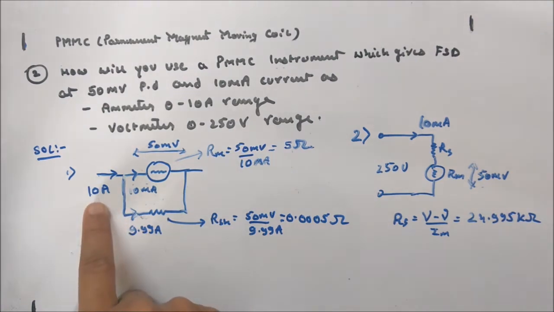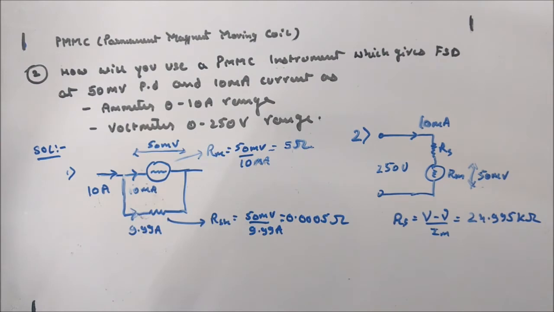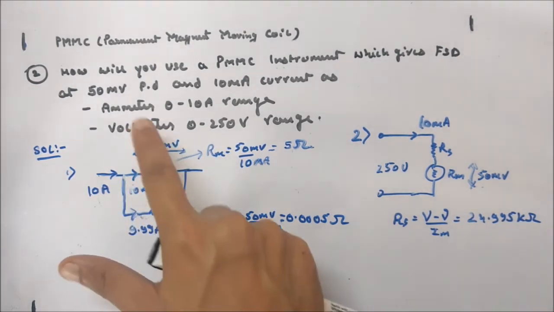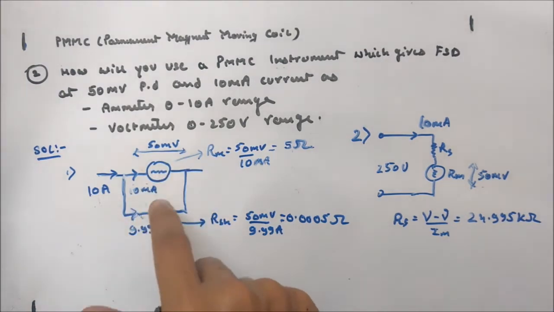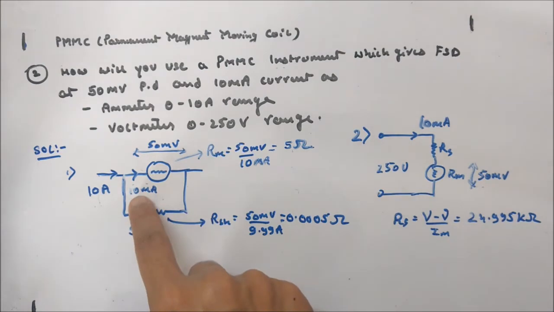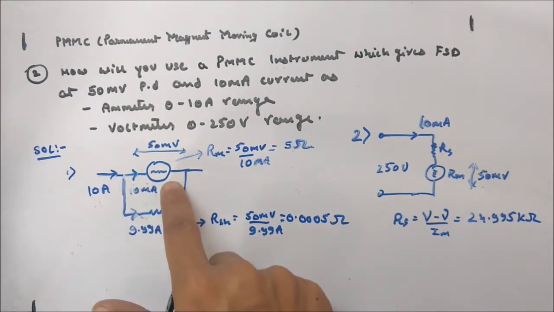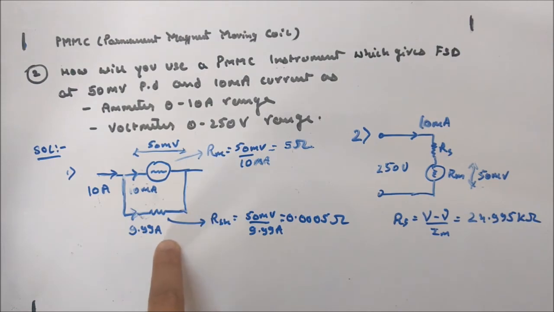So 10 ampere will be the line current, since the range is 10 ampere. This is your PMMC which is consuming 50 millivolt potential difference, and the full scale current, we have seen, 10 milliampere is given. So with this data, you can calculate the value of Rm and RSH.